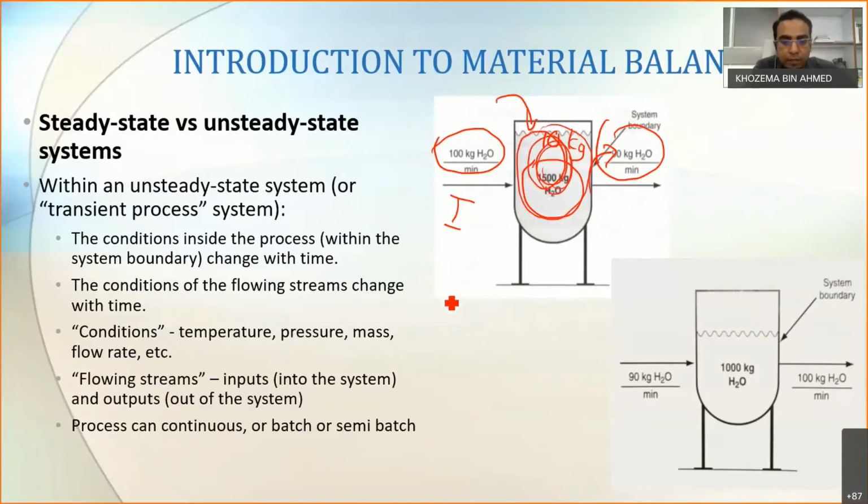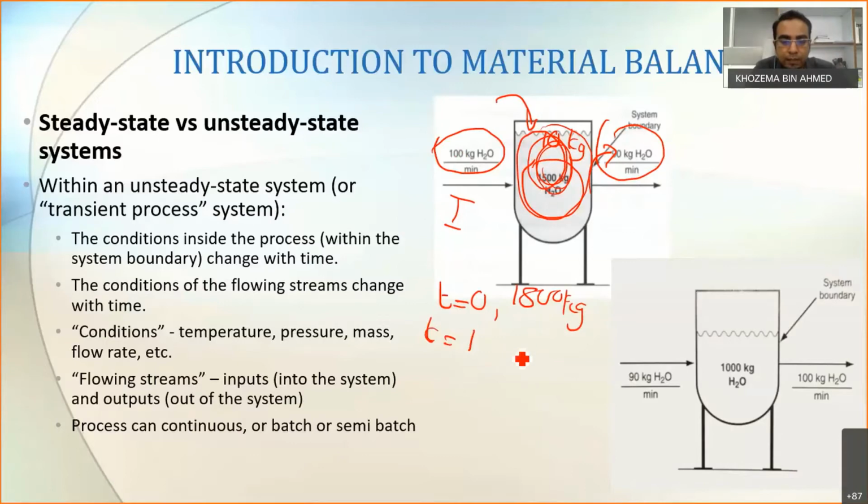So at t equal to 0, your mass is 1500 kg. If I say t equal to 1 minute, after 1 minute I've added 100 kg of water, but in the same minute I've removed 90 kg of water.